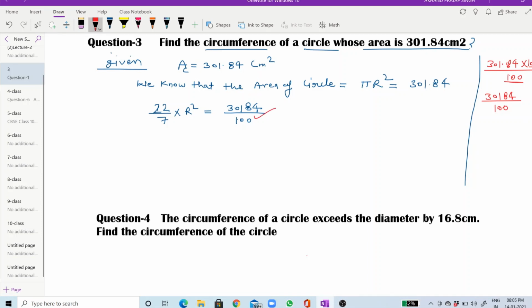Now r square is equal to, here 7 is in division on the left hand side and 22 is in multiplication. If this value goes to the right hand side, then it will be reversed. So 30184 upon 100 into 7 upon 22.